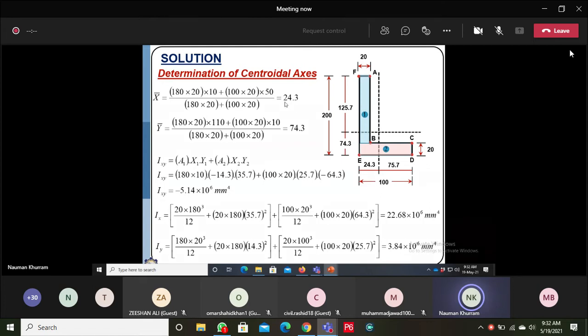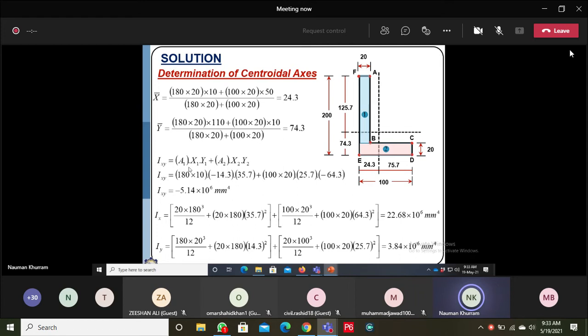We computed x bar as 24.3 from the left face, and y bar as 74.3. If the total dimension is 100, the centroidal location from the right face will be 75.7. Similarly, the centroidal location from the bottom surface is 74.3, and from the top surface it is 125.7. After determining the centroidal location, we are supposed to determine the product moment of inertia.